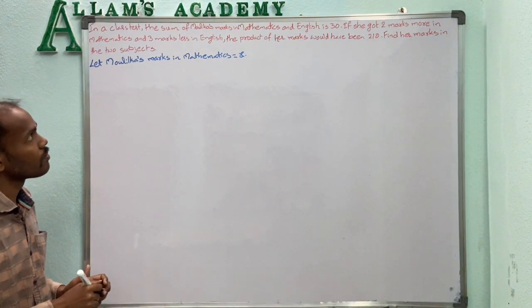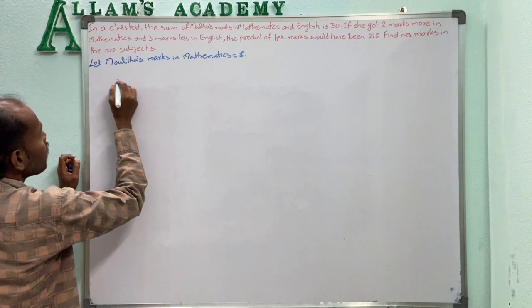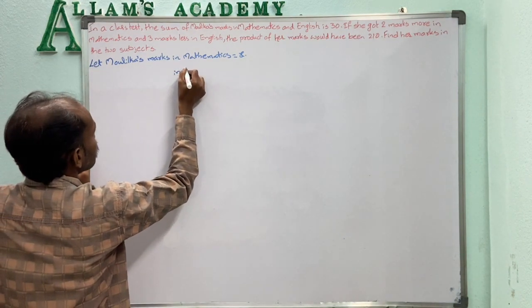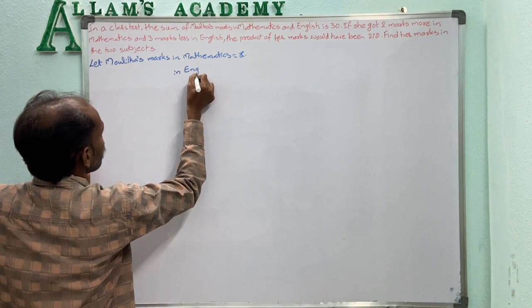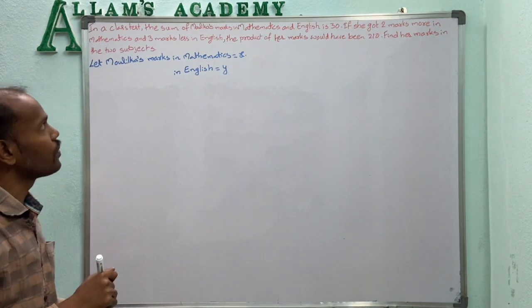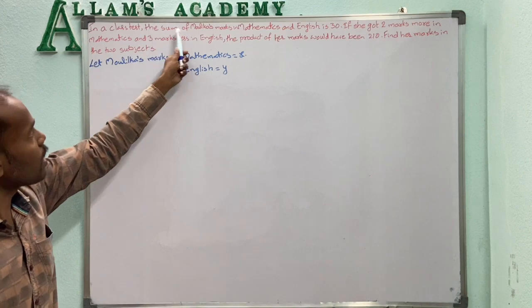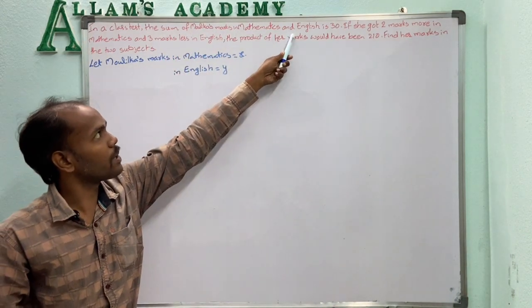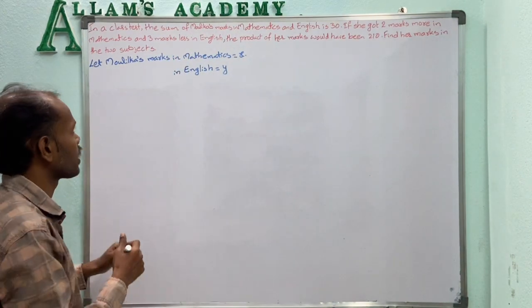Then in English, her marks are nothing but y. Here, given the sum of Maulika's marks in mathematics and English is 30.